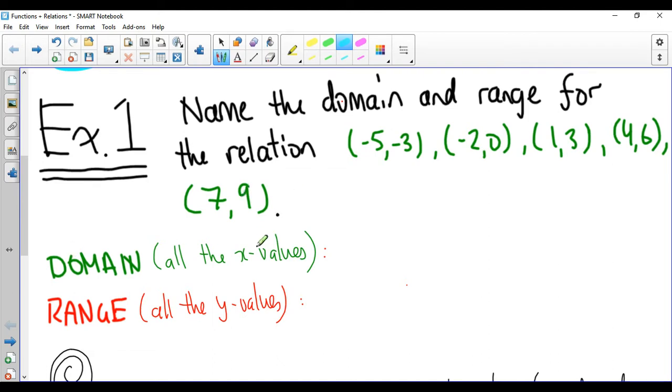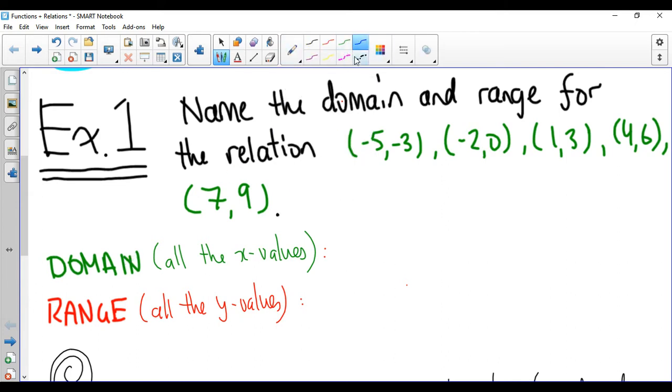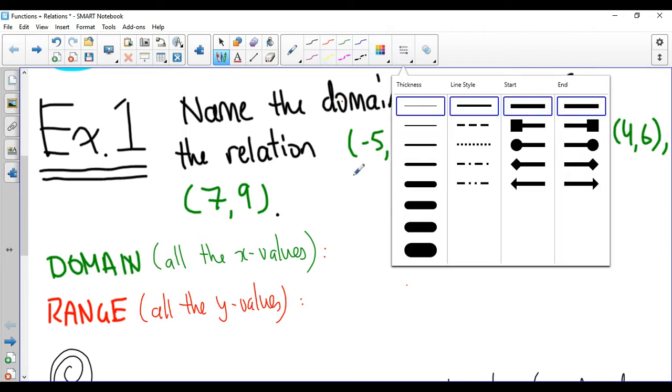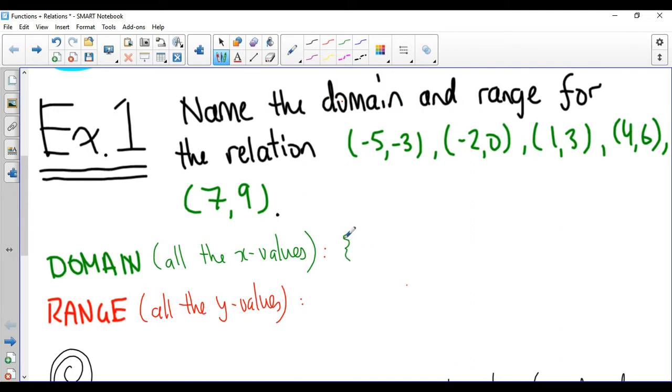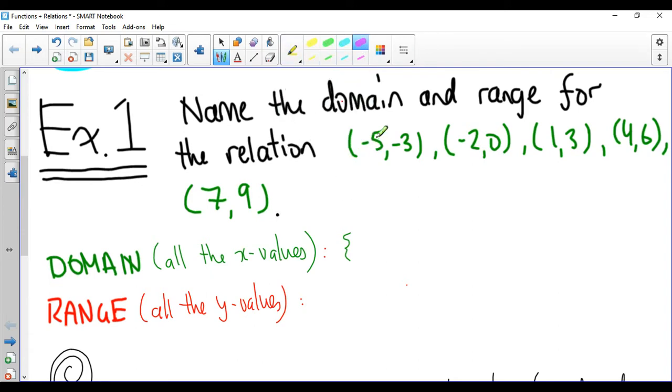All right. So now, how do we write the domain? We know what the domain is, right? All the x values. The way we write it is we use this squiggly bracket, and then we look at all the x's. I'm just going to highlight them because I can, and it makes my life a little bit better. So these are all the x values.